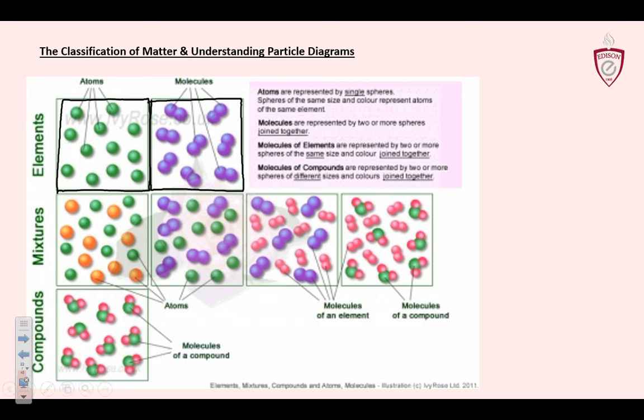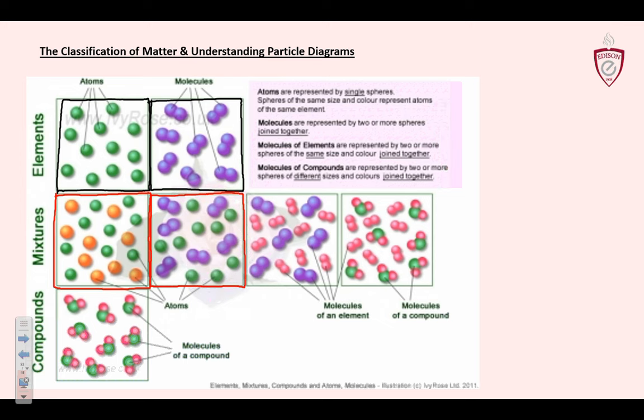Now if we move on to mixtures. Mixtures could be a mixture of two or more pure elements. So we see two different color spheres mixed in together, but they're not connected. A mixture could also be a mixture of two different elements, one of which might be that scenario where you've got two of the same type of atom bonded together.